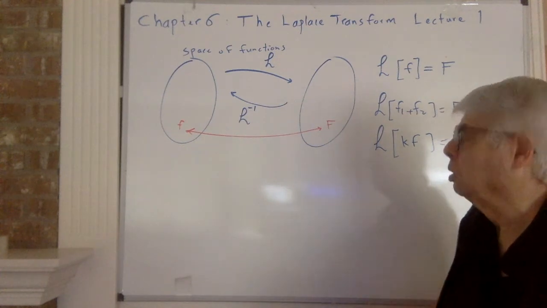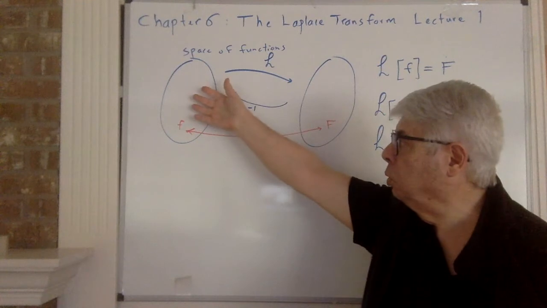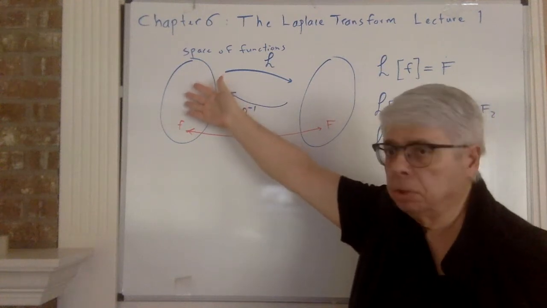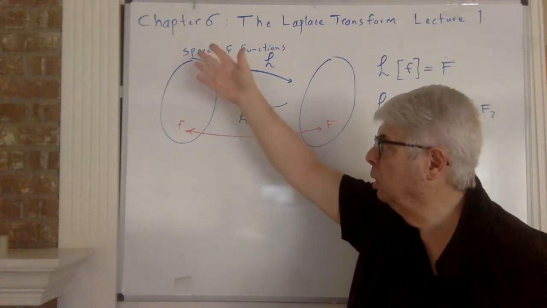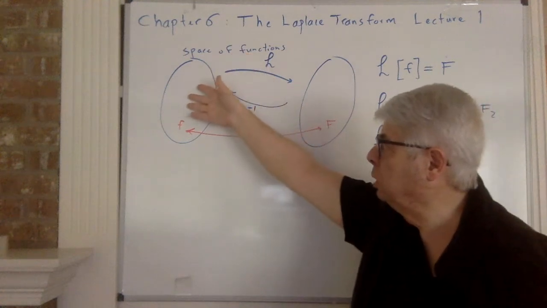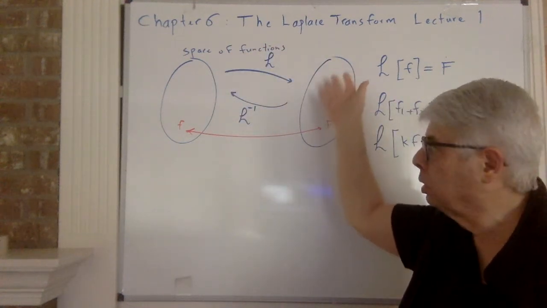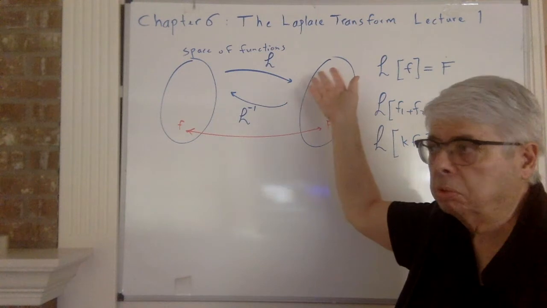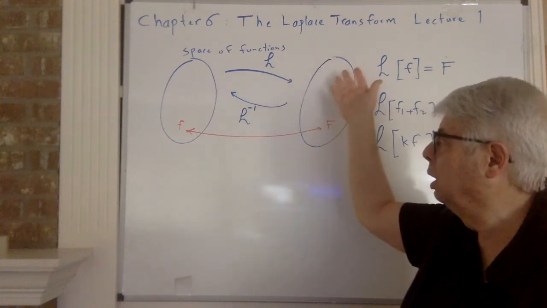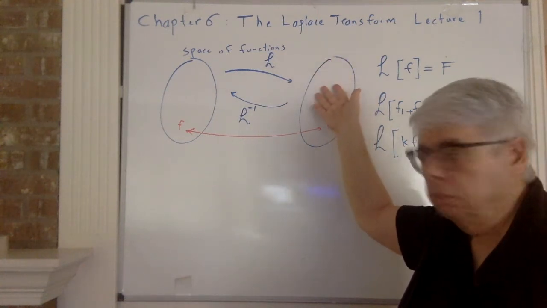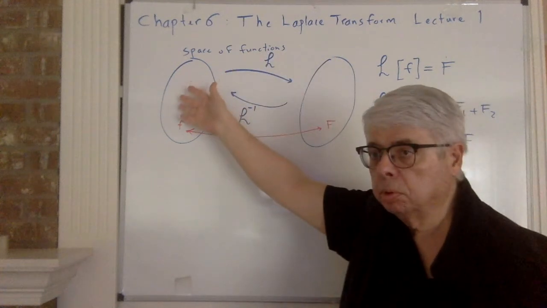So that's the process. You have an equation here, a differential equation. Using this transformation, you bring that equation to this world, and in this world it becomes like an algebraic equation, and you solve it here, and then back to this world.